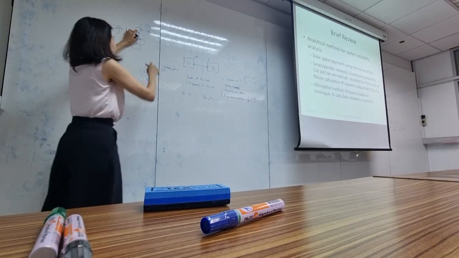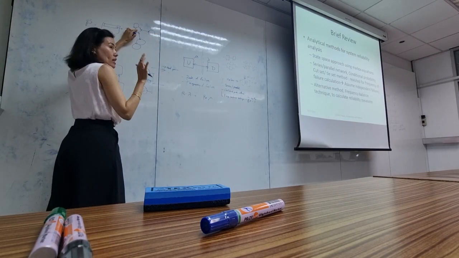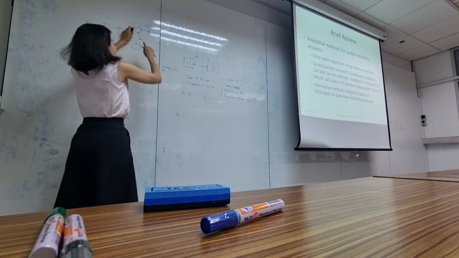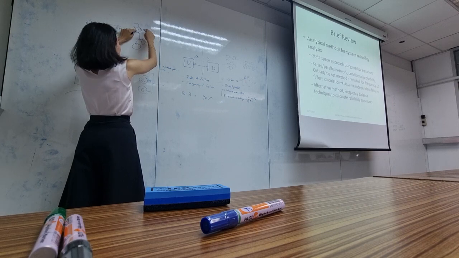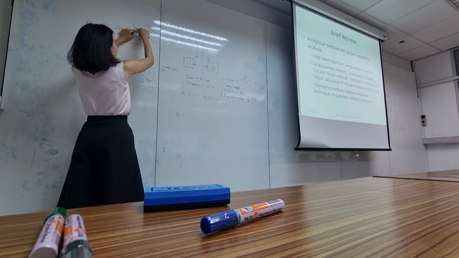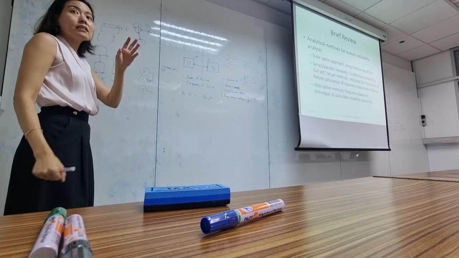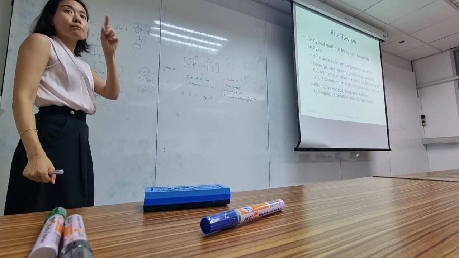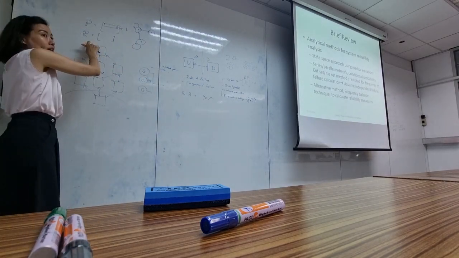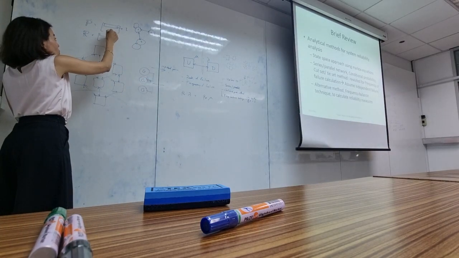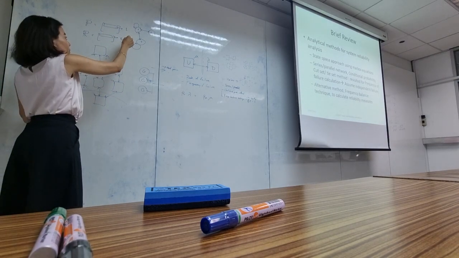You are here. There are only three possibilities. You can go from here to here, or here to here, or here back. So because of those possibilities, all probabilities must sum up to 1. Okay. Whereas for the transition rate, if you look at all rows, the summation will be equal to 0.